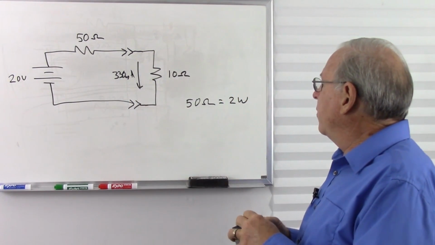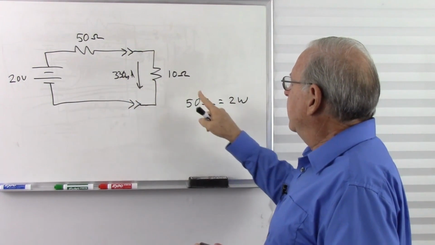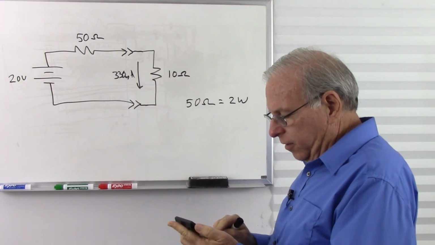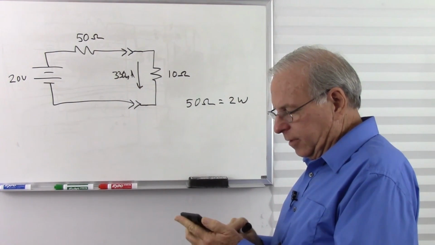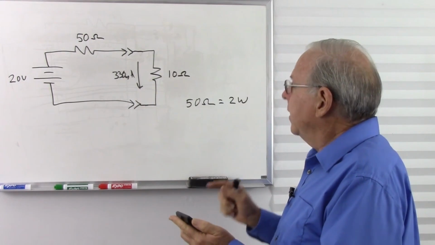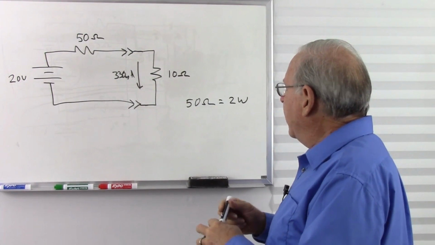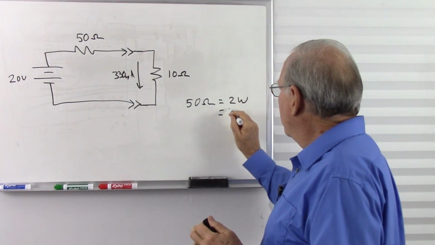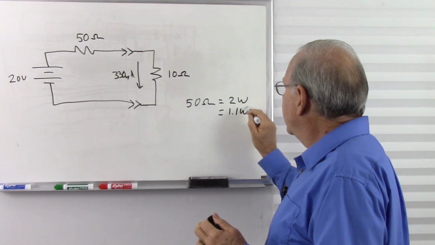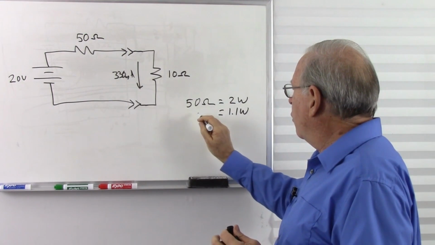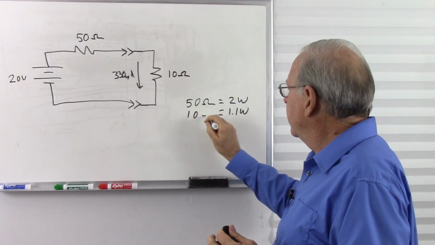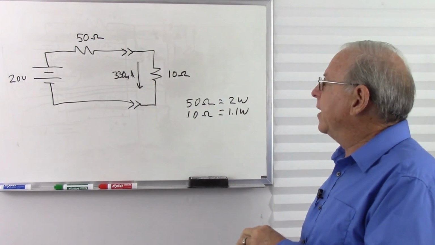So what's our power going to be? That's going to be I squared R, so 330 milliamps squared times 10 ohms. That's going to give us 1.1 watt. So we reduce this to 10 ohms, and at 10 ohms, we only get 1.1 watt.